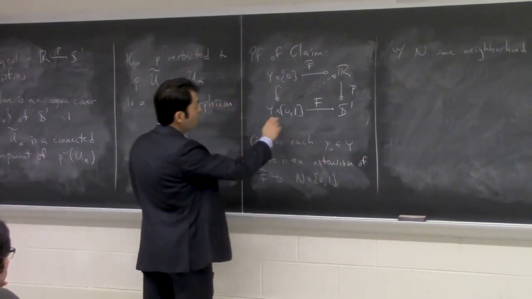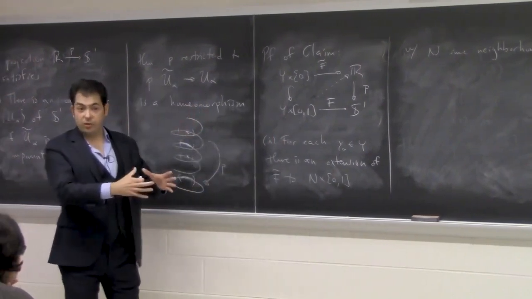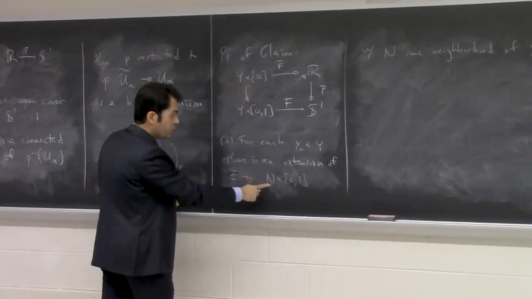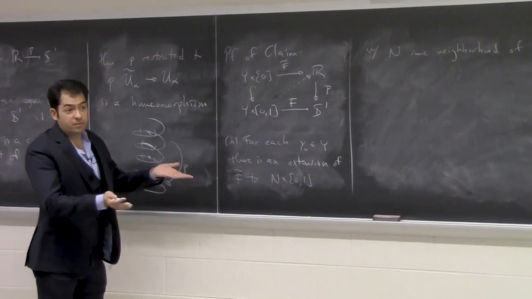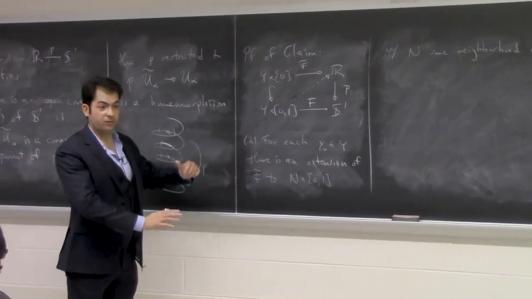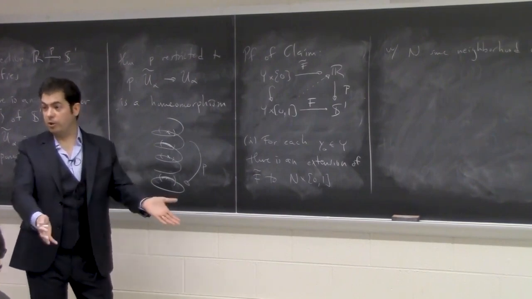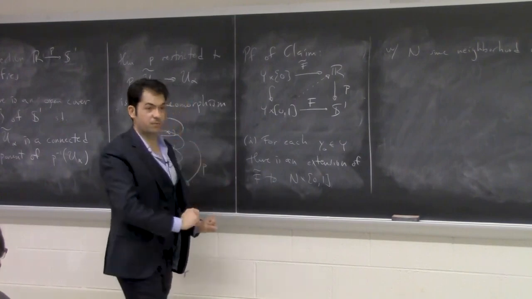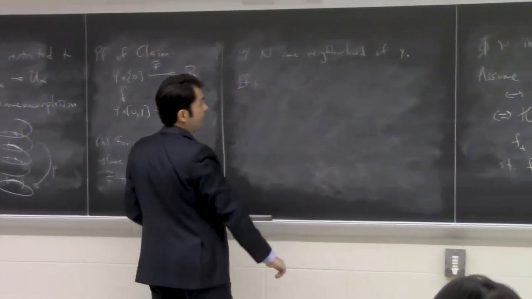OK, so at the moment, we're going to focus on each individual point in y and just construct an extension to a neighborhood of that point across the interval. And in principle, so far, when we're done with this, they might not coincide on overlaps. So we're going to worry about that. But we're going to have some extension.